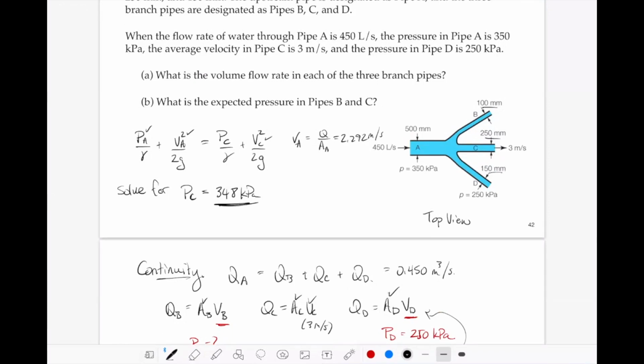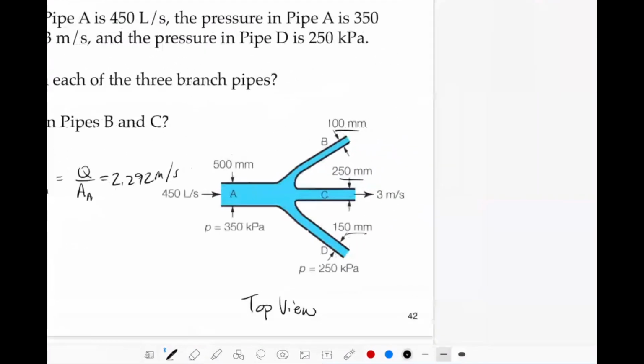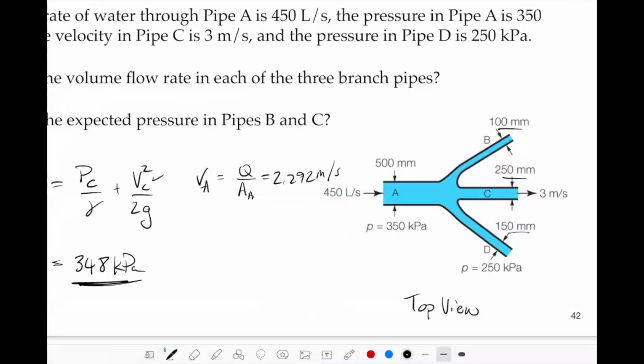I'll scroll back down in a second, but I just want to go over again the thought process for solving a branched system. Bernoulli's equation will let us solve for one unknown variable along a streamline in a branch system if we don't know the flow rates. We needed the continuity equation for a single pipe to be able to solve for two unknown variables like velocity and pressure at some other point.